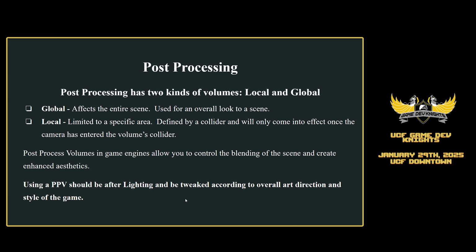I should also mention, if you have an exterior scene, you can have a master global post-processing volume, and then for an interior cabin you're able to go into, you would have a volume inside of there, within the confines of the building, and you can set a blend distance for how fast it blends between the global master and the local one. These are really, really useful, and it helps sell the illusion of the scene.